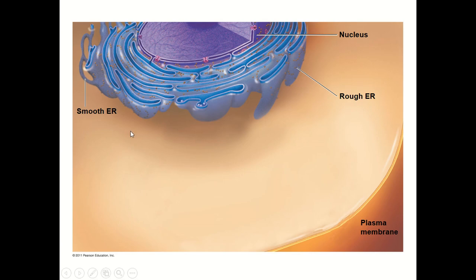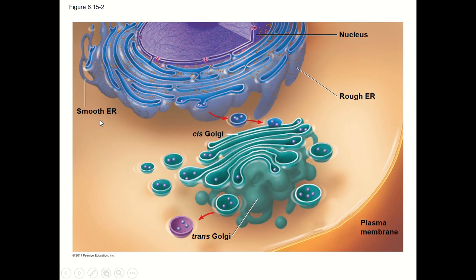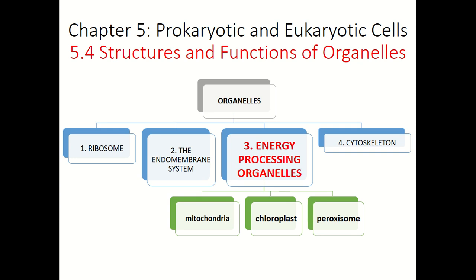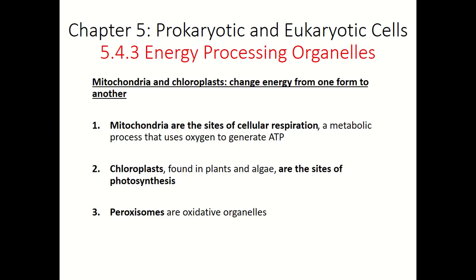So we already learned about the nucleus, rough endoplasmic reticulum, smooth ER, and also the Golgi apparatus. Next we will learn about the energy processing organelles, including the mitochondria, chloroplast, and also peroxisome.